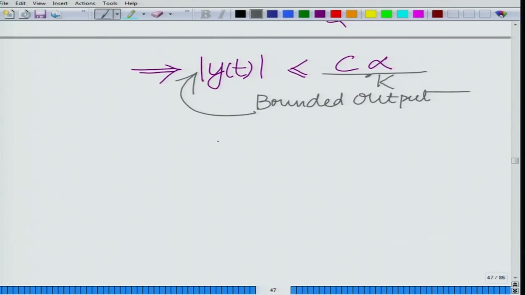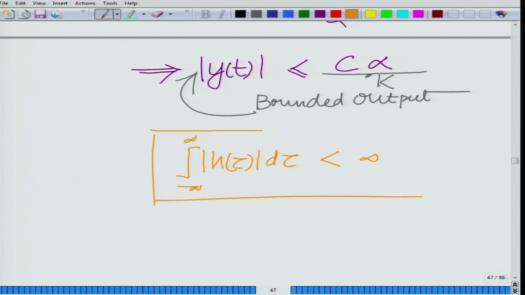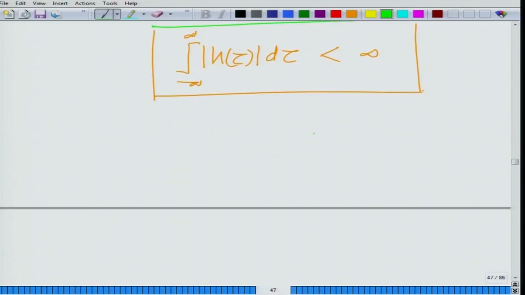So the condition for BIBO stability is, as we have derived, the condition for an LTI system to be BIBO stable.